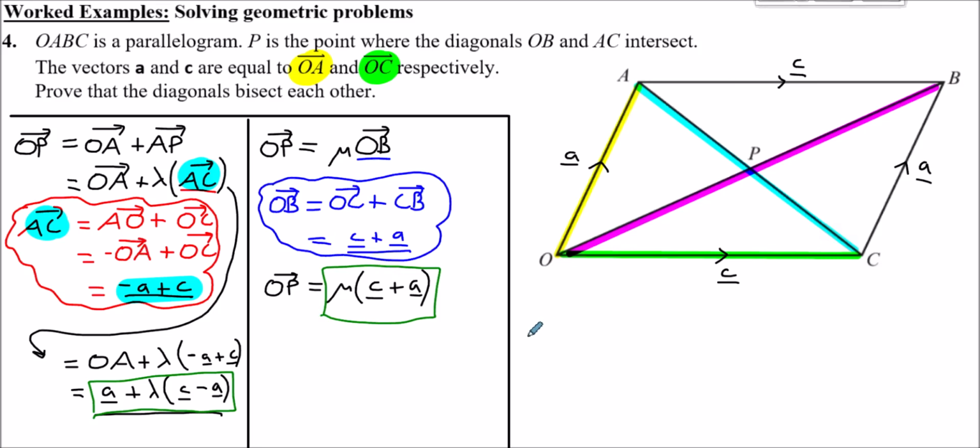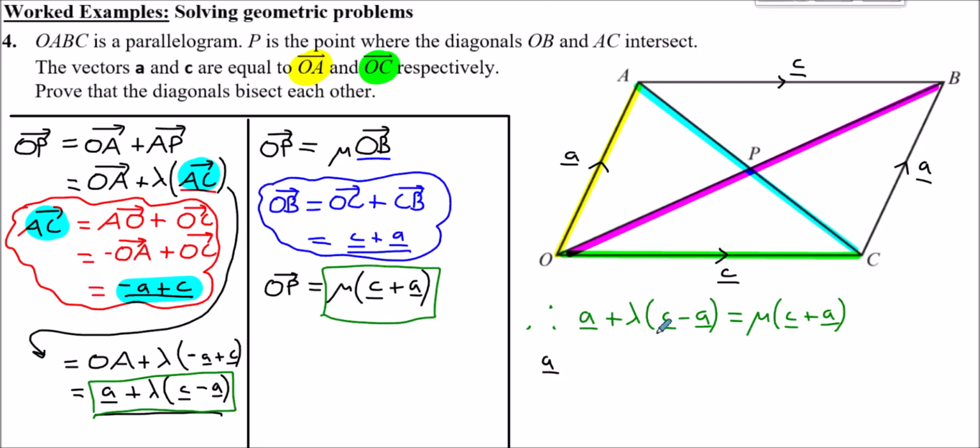So we can now say that therefore A plus lambda lots of C minus A equals mu lots of C plus A. Now, as it stands, that doesn't really seem to help us, so what we can do, as per usual algebra, we can expand it all out.